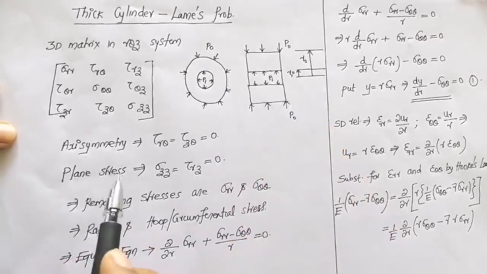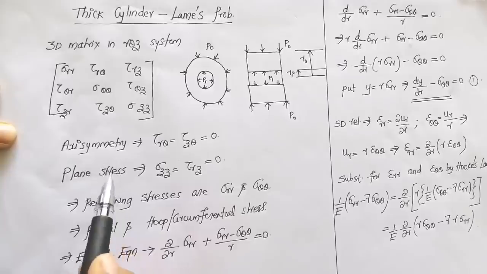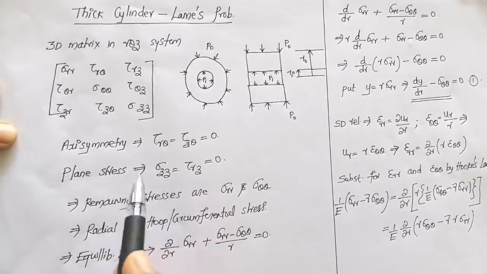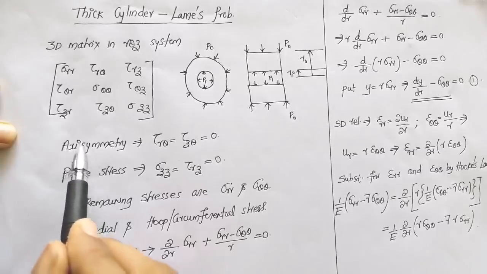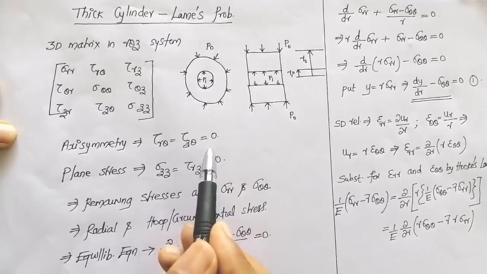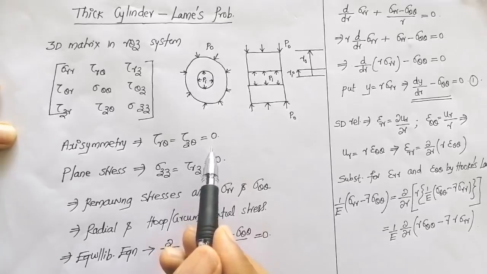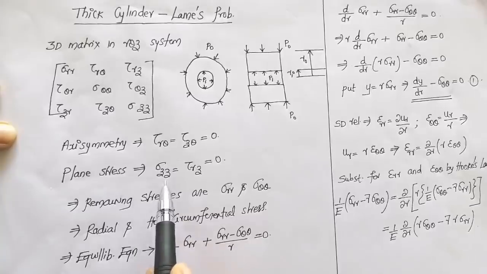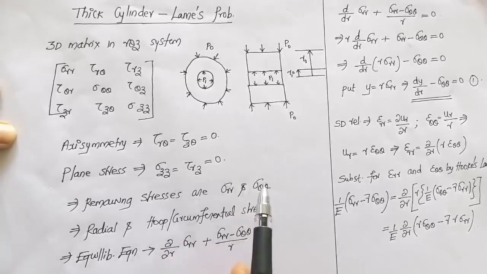So, you will be asked to solve the thick cylinder problem mostly for a plane stress case. As I have discussed earlier, the cylinder is a case of axisymmetry, which means tau r theta equal to tau z theta equal to 0. Also dou by dou theta equal to 0, which I have not mentioned here. Now plane stress means sigma zz, tau r z equal to 0.